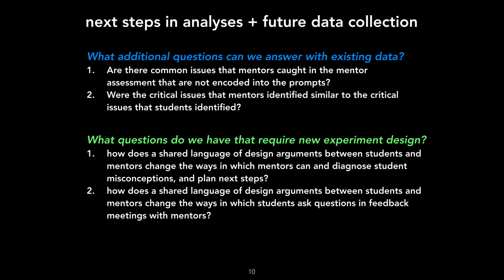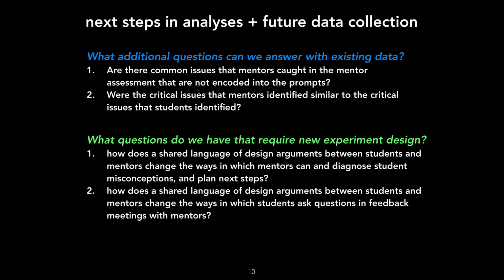Thinking back to the experiment setup, mentors were also looking at student design arguments and generating issues independent of seeing student issues. Are there common issues that mentors were able to catch in that assessment that aren't actually encoded into the prompts, that we might want to encode to inform future design?